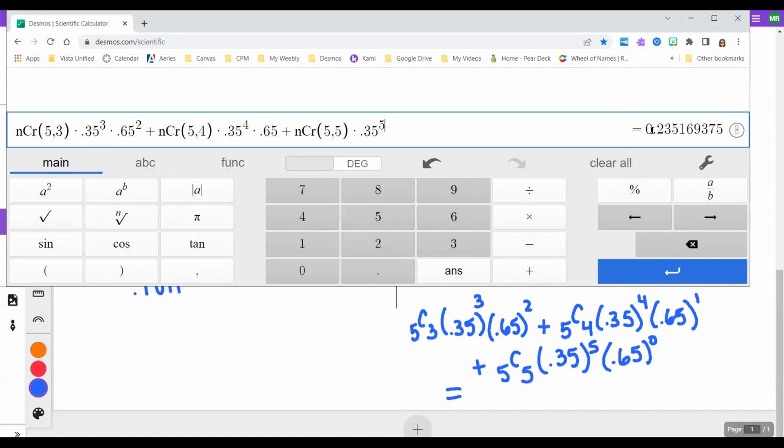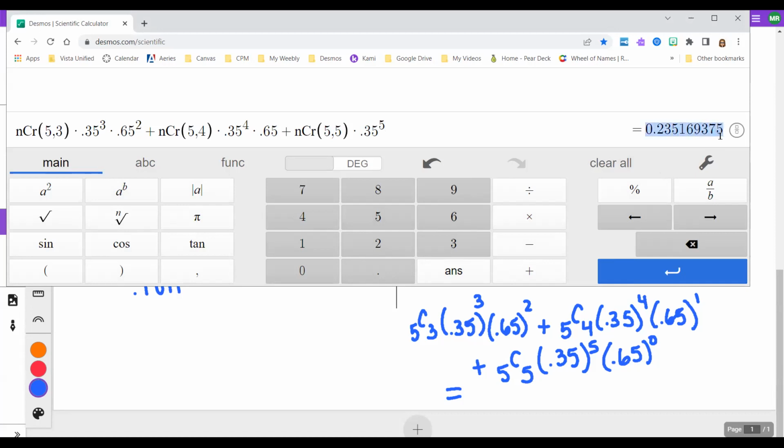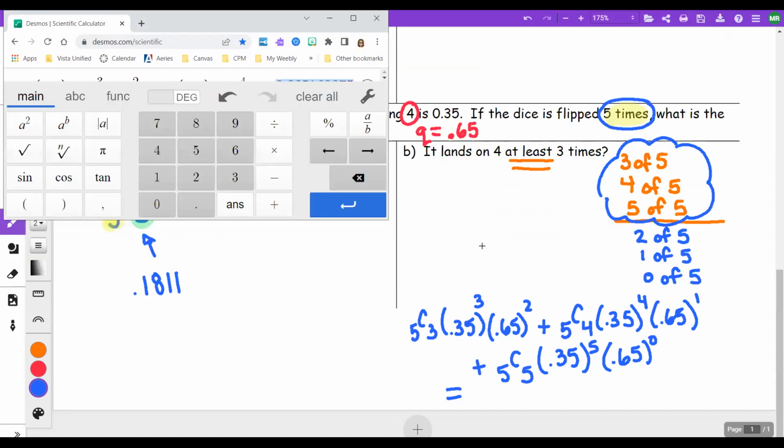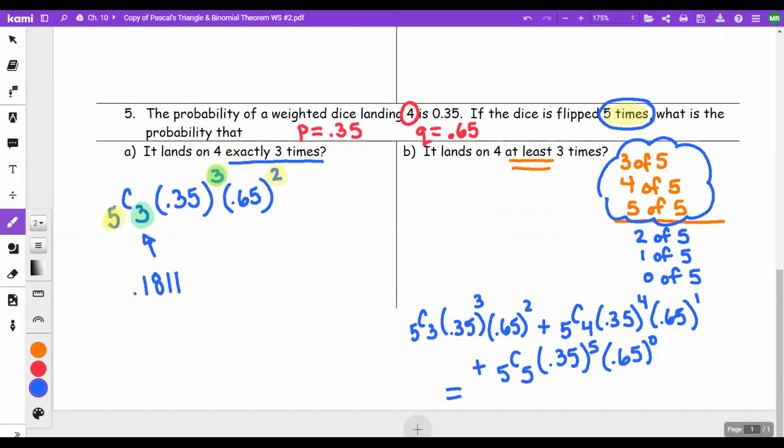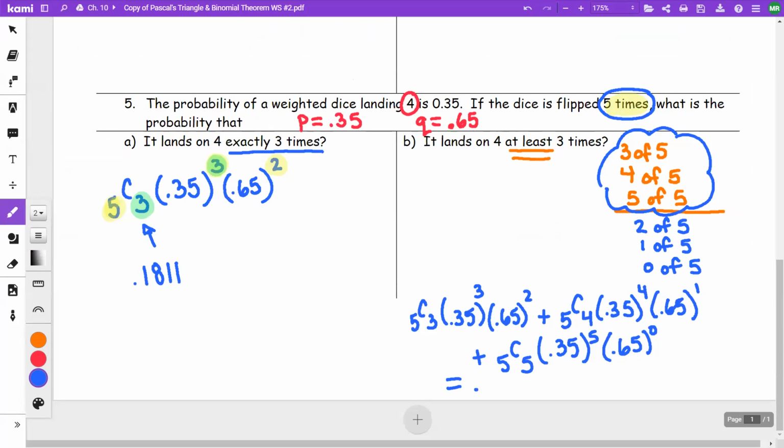I get 0.235169. So let me write this down here. It's going to be 0.235, let's say 2 because of the 6 that was coming next. And that's your answer. So hopefully that helps you out.